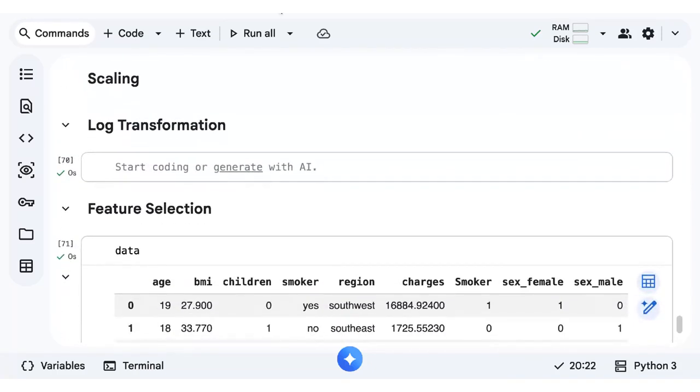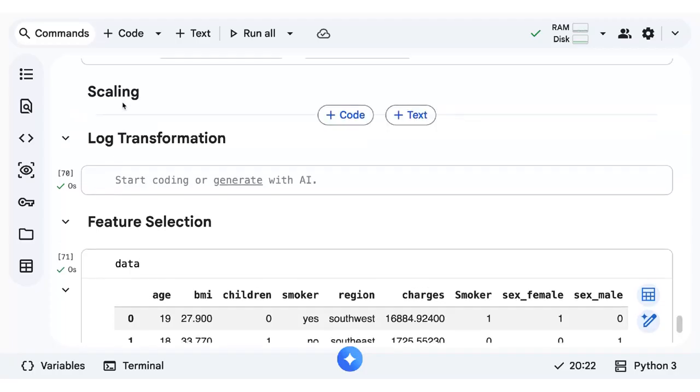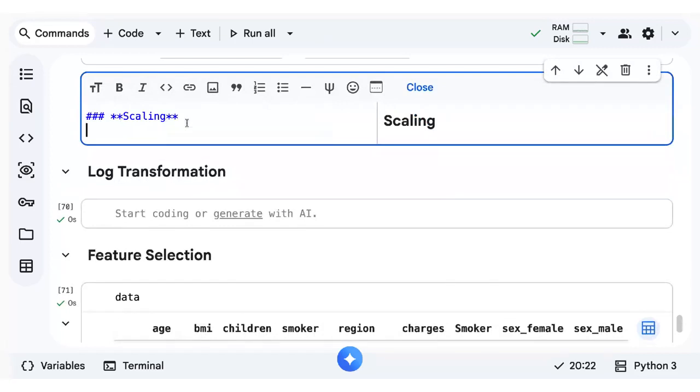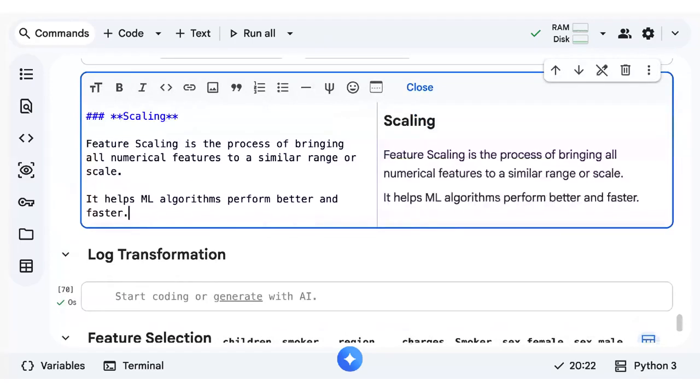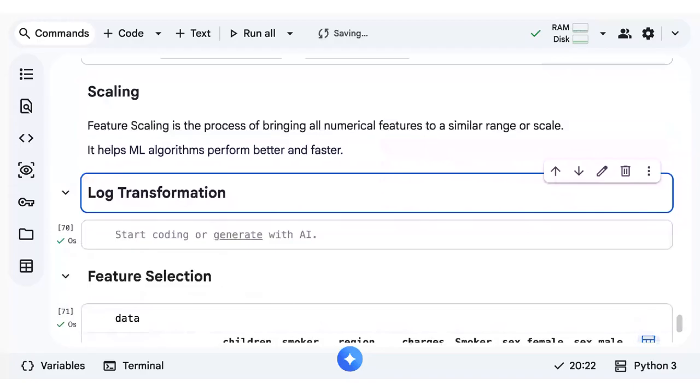So what is scaling? Scaling is usually applied on numerical columns. It's a process of bringing all numerical columns to a similar range or scale.